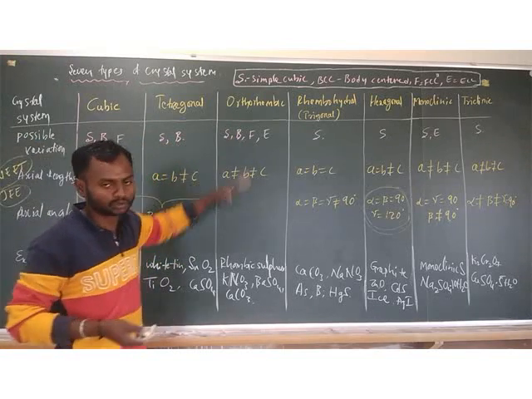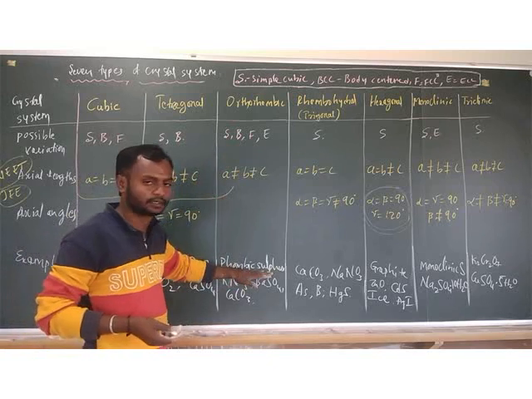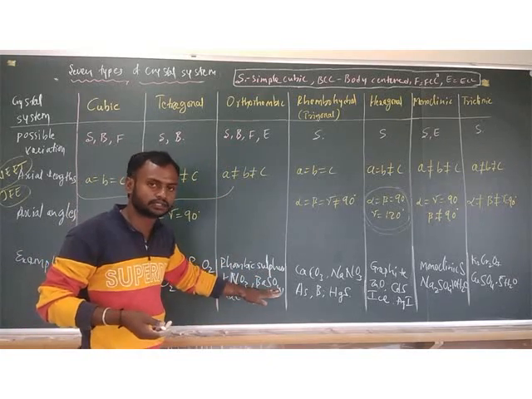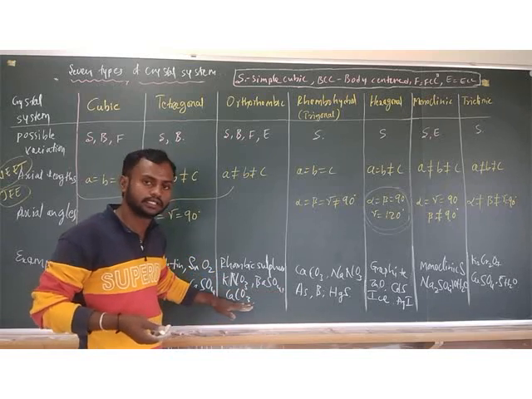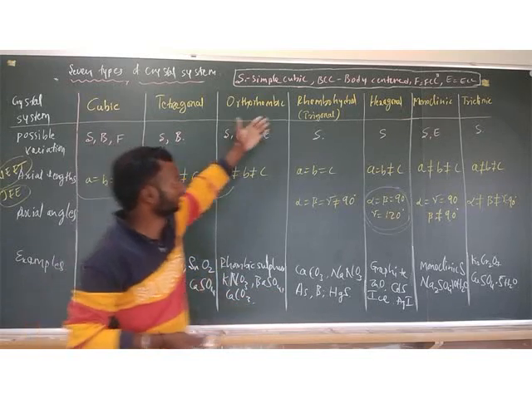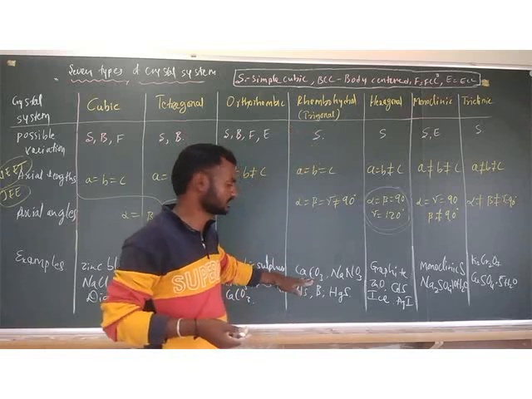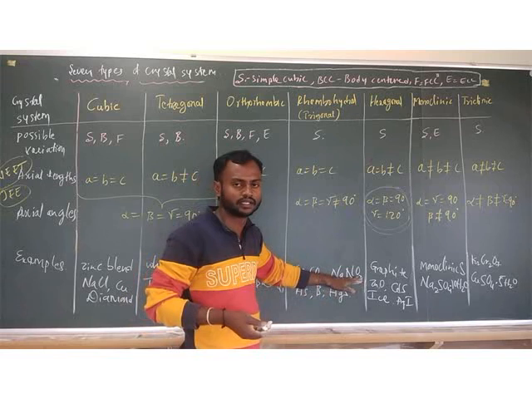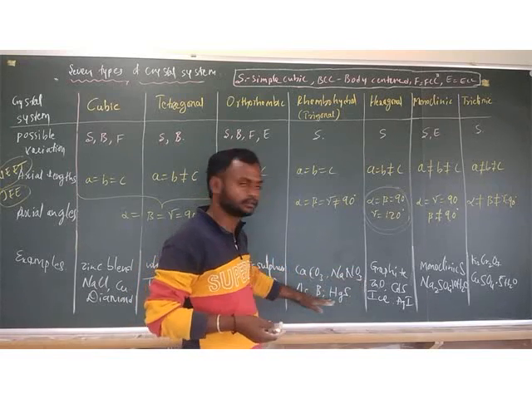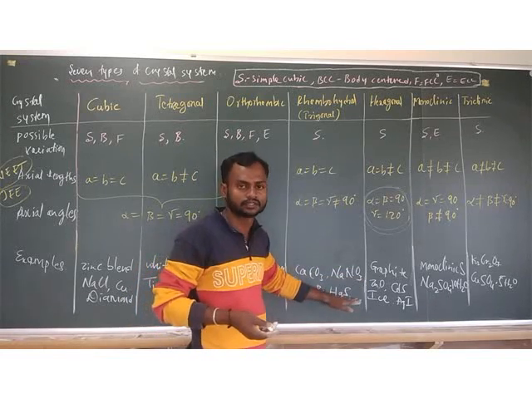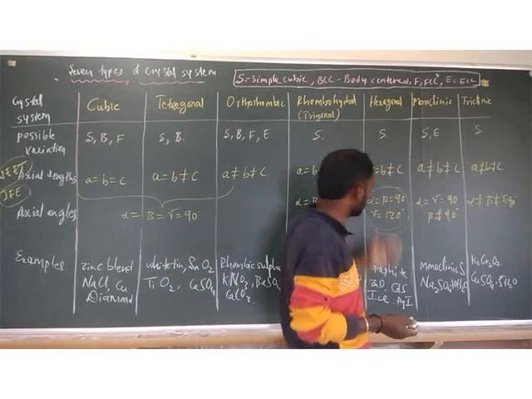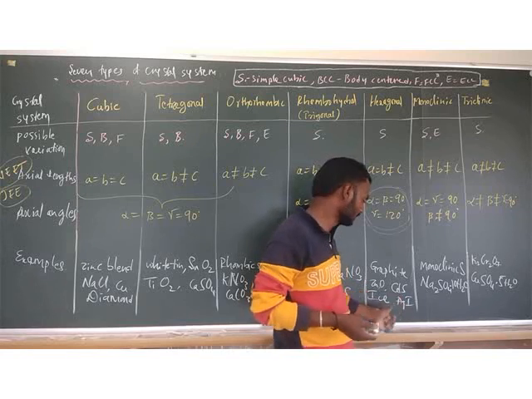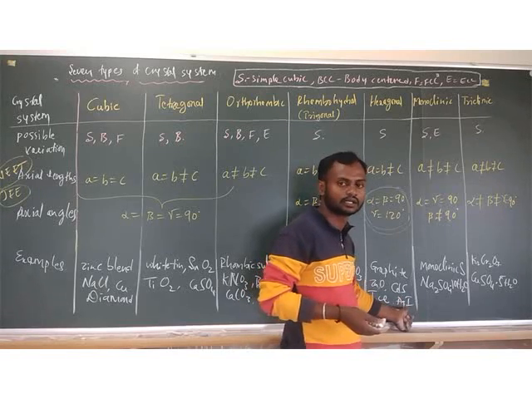Orthorhombic: rhombic sulfur, potassium nitrate KNO3, barium sulfate BaSO4, CaCO3. Rhombohedral or trigonal examples are CaCO3, calcium carbonate, sodium nitrate NaNO3, arsenic, bismuth, mercury sulfide. And hexagonal: graphite, zinc oxide, cadmium sulfide, ice, silver iodide.